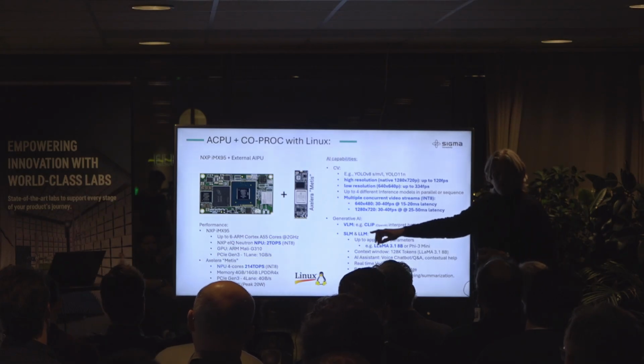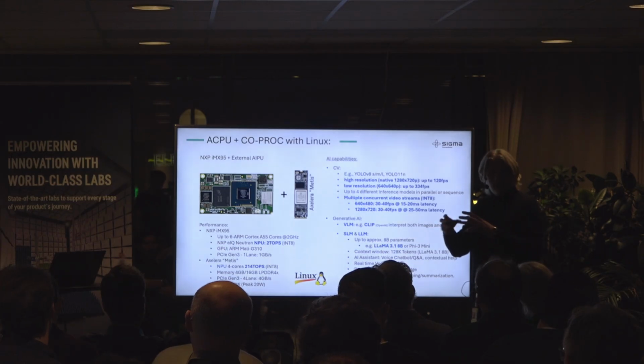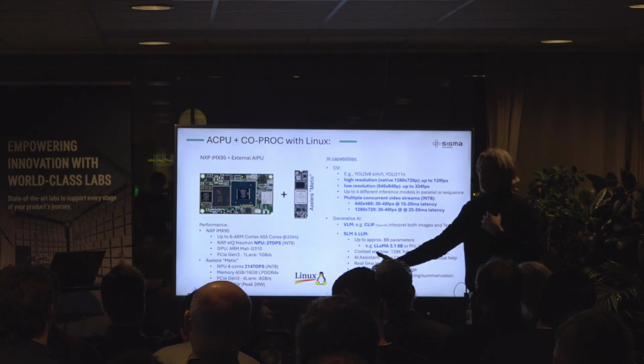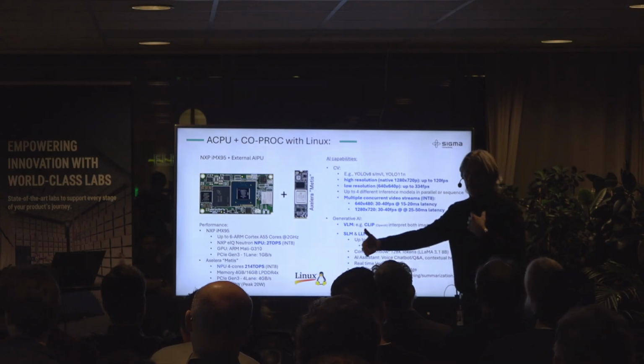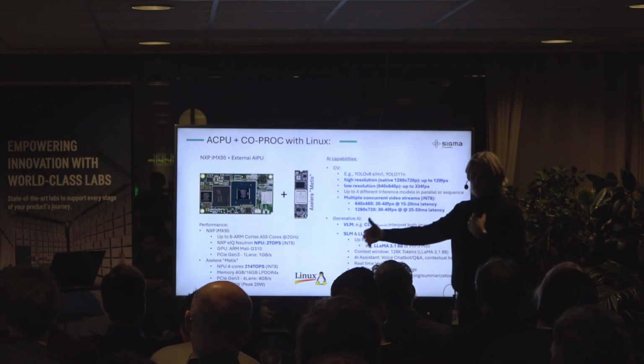And that's not sufficient to run large language models. You can maybe run optimized large language models, but you can't really discuss with that language model in the same detail and depth that you could with an unlimited large language model.